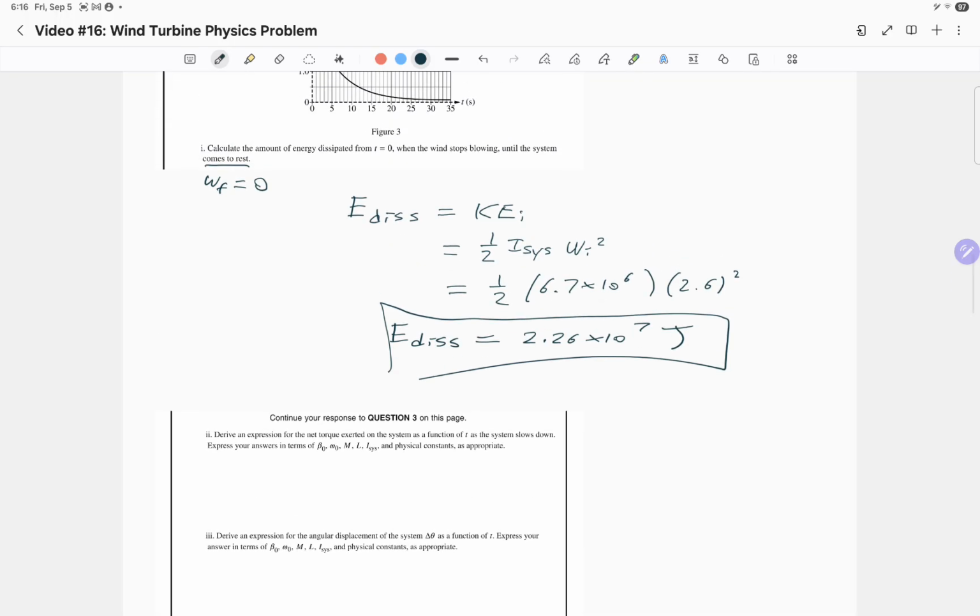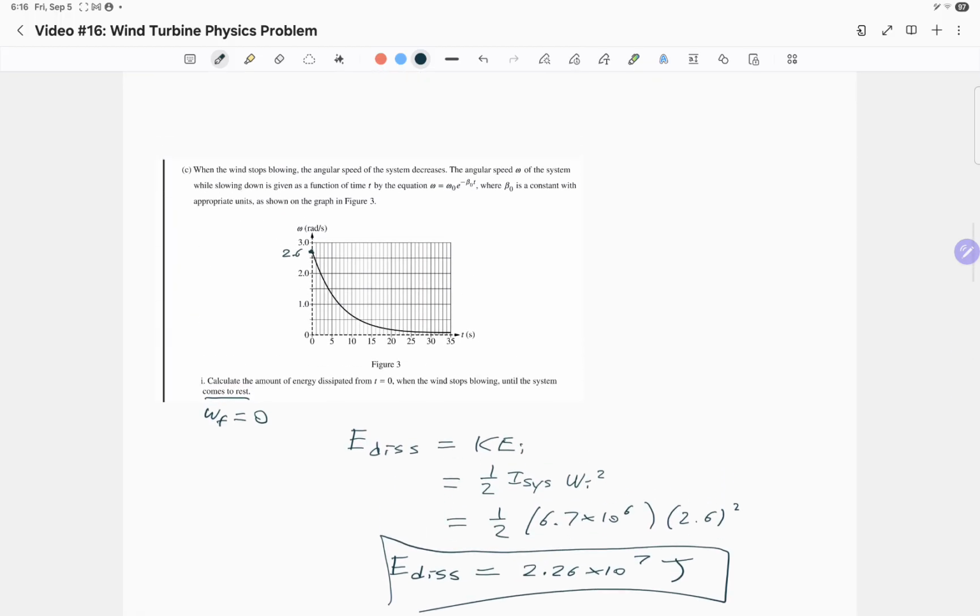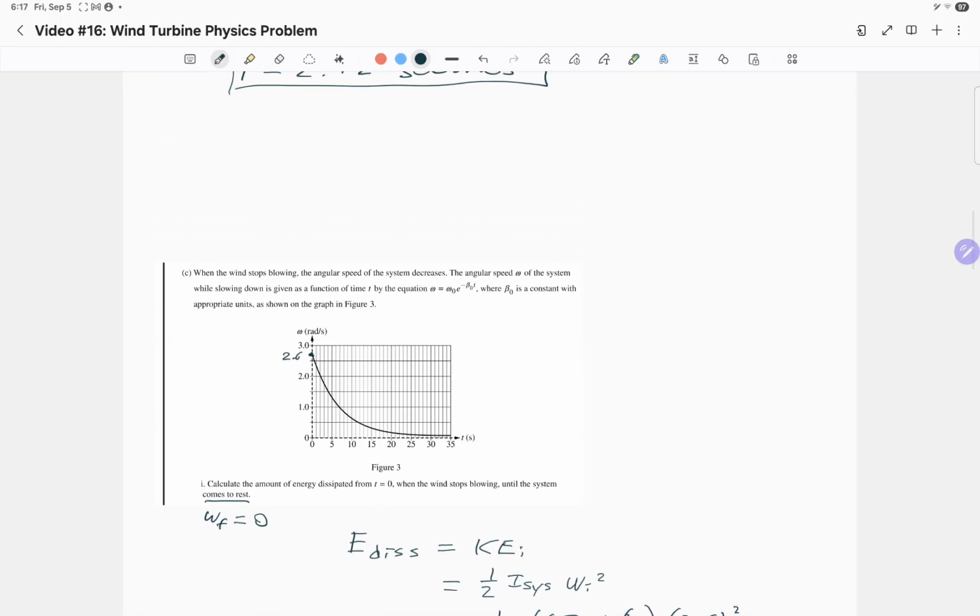Okay, so they're asking for a net torque exerted on the system. And we have a function for angular velocity. So if we want to get an expression for torque, we need to know two things. We need to know that angular acceleration is the time derivative of angular velocity, and we also need to know that net torque equals the rotational inertia of the system times alpha.